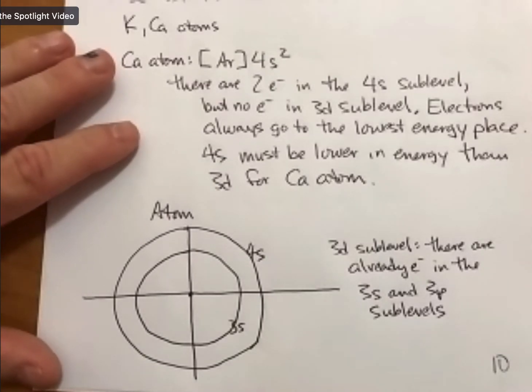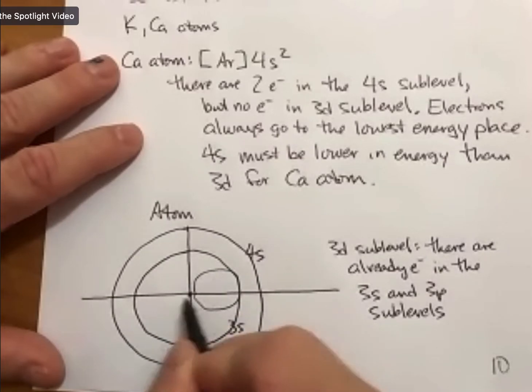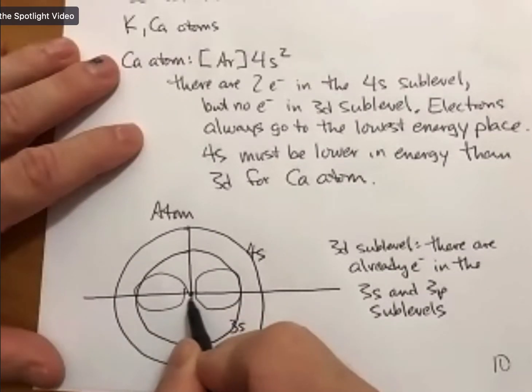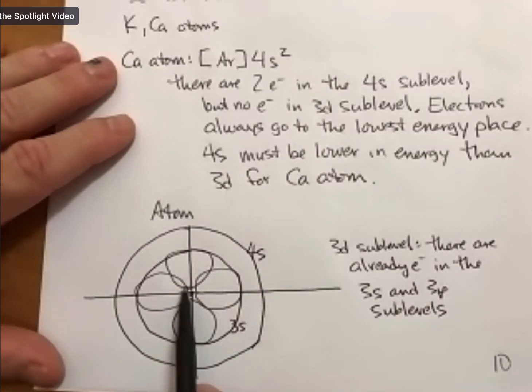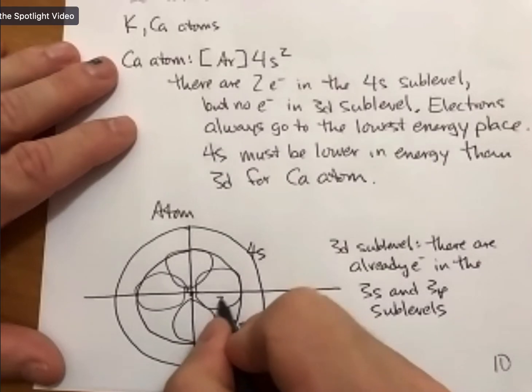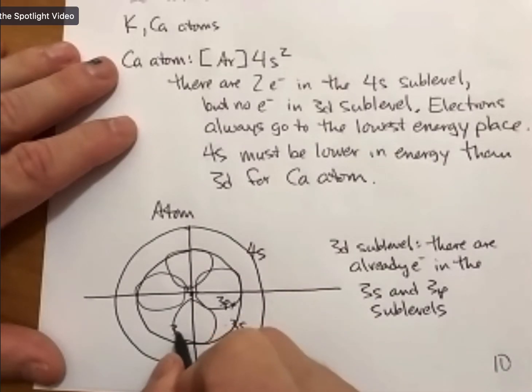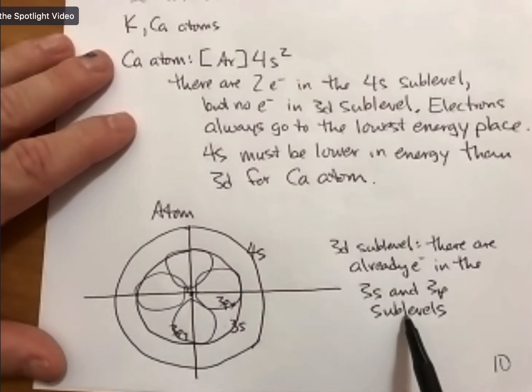And in fact, we know that 3p, one of them goes right here, and one of them goes right here, and the other one comes out of the page, and I won't draw that. But what you can see is with the 3s and the 3p, let's call it 3px and 3py, that there already are some electrons in the 3s and the 3p sublevels.